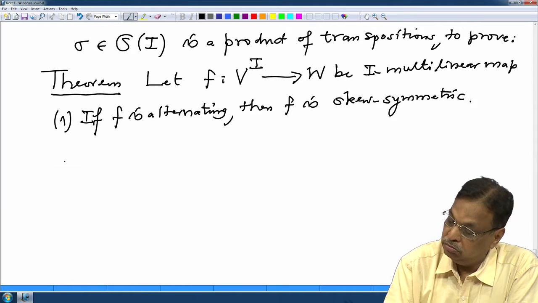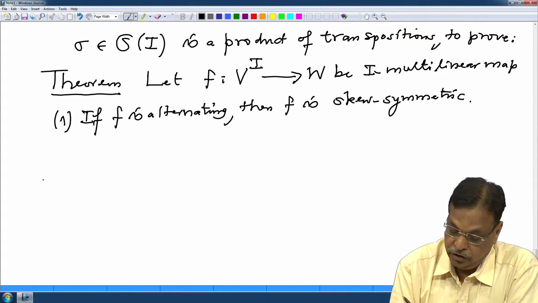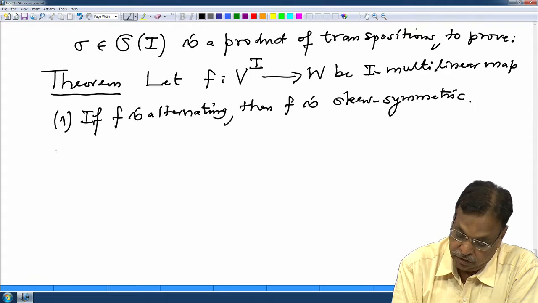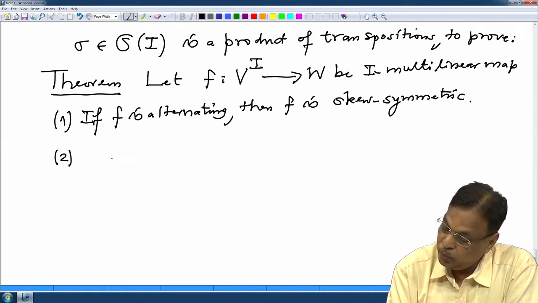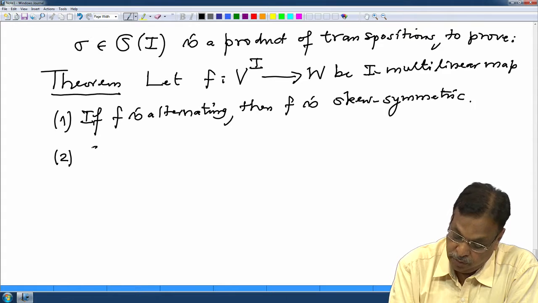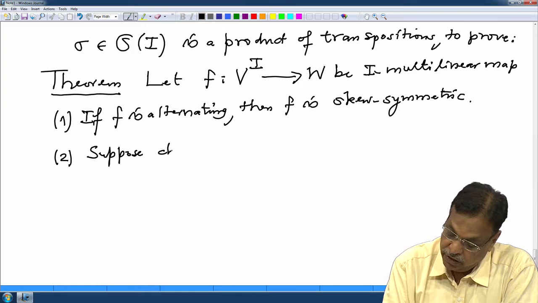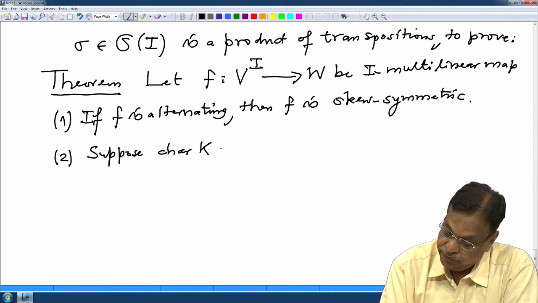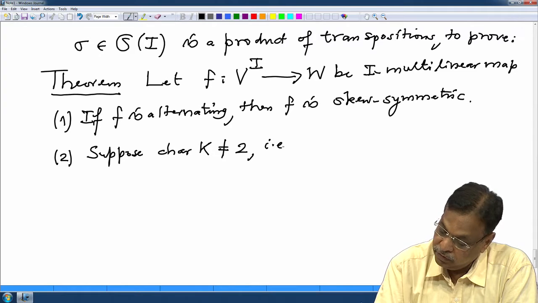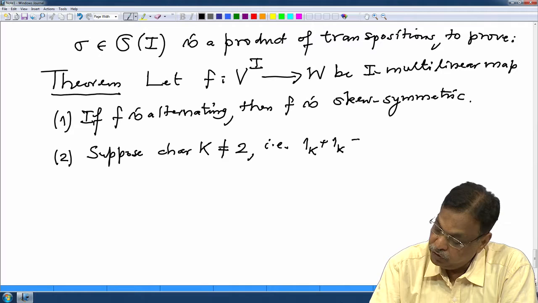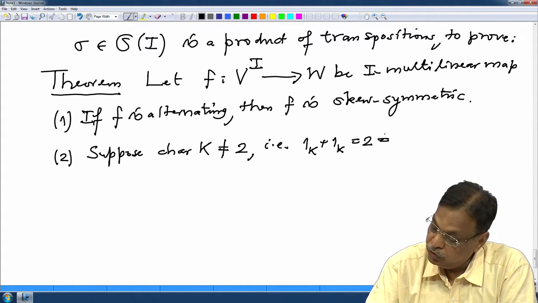The converse is not true, as you can see after this in a small example, but the converse is true when you assume the characteristic of the field K is not 2. This means 1_K plus 1_K, which is 2, is not 0 in the field.